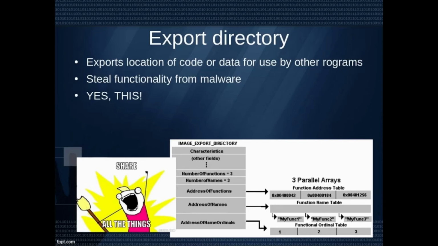Let's say index number 1, which is going to be some function name. We're going to look up that index in the address of names array, which is going to give us an ordinal number. We're going to look up that ordinal number in the address of functions, and that's going to give us the function address, which the Windows loader is going to use to actually map the name to the location for where it is on file, right?